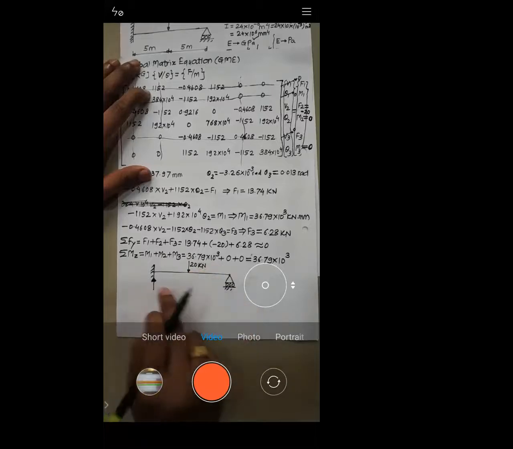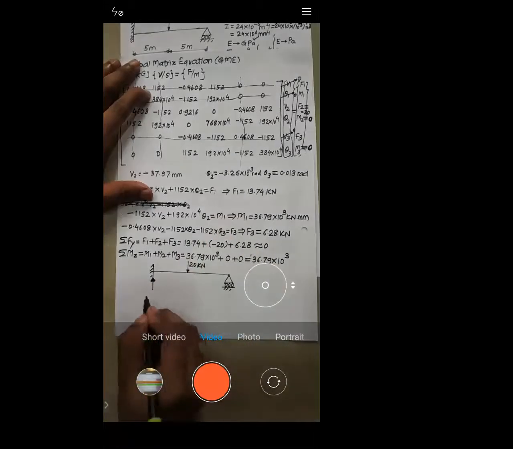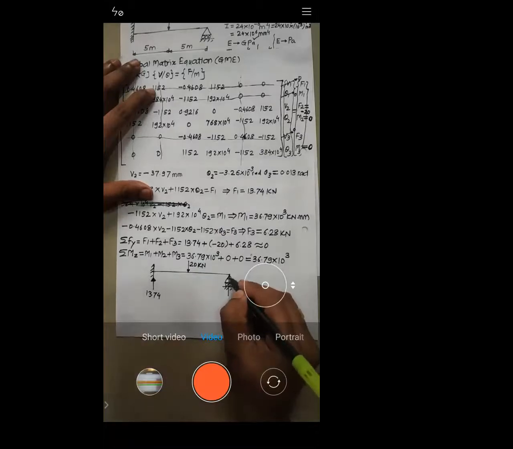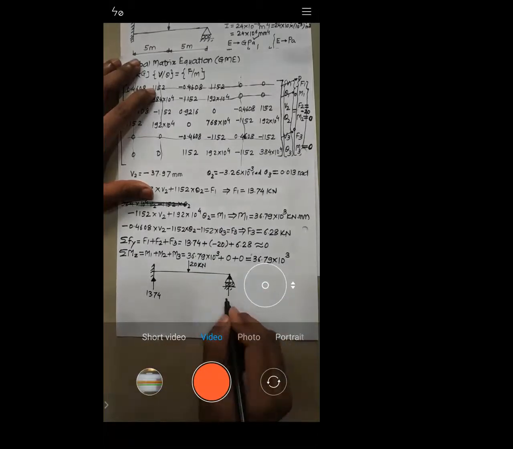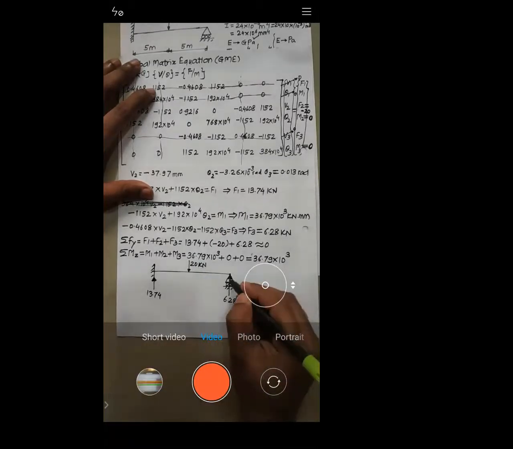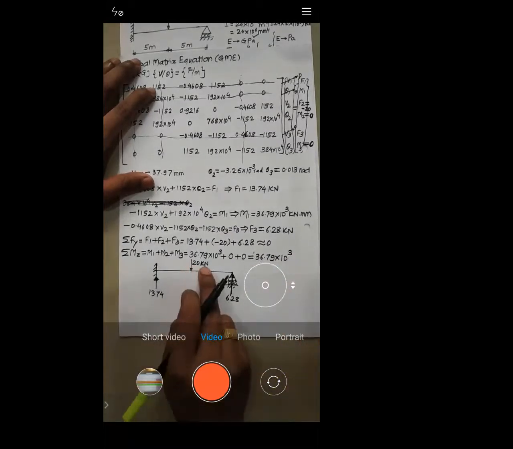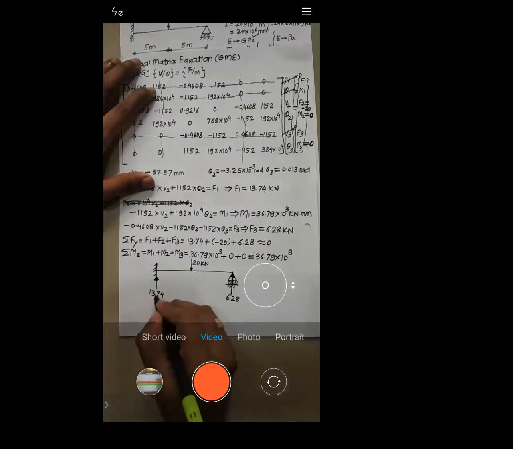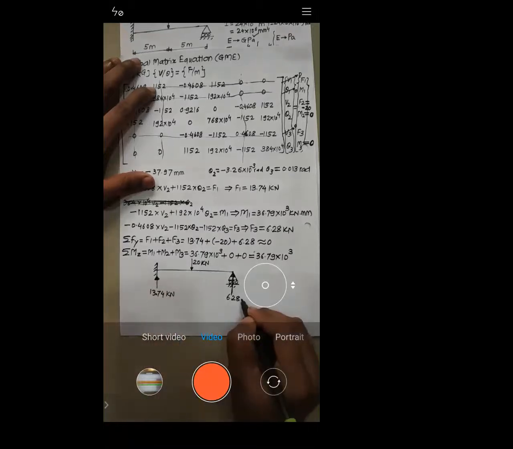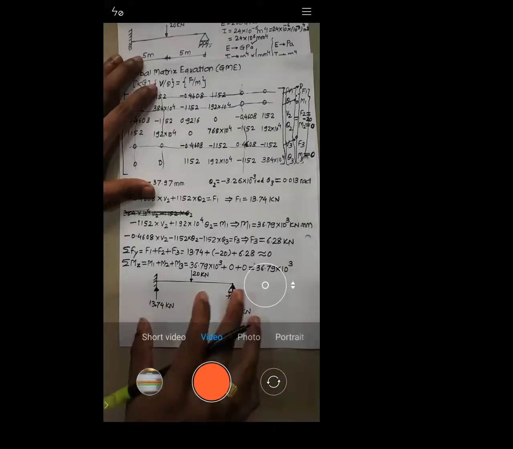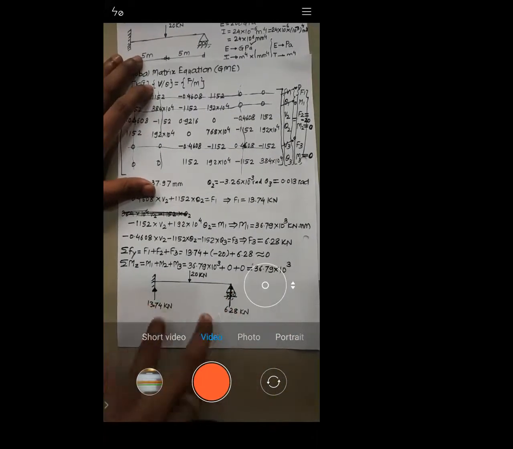It is balanced at the two ends as 13.74 and 6.28. Whatever 20 kilonewton you applied is balanced at node 1 as 13.74 kilonewton and at node 3 as 6.28 kilonewton. So you reach the condition of equilibrium, right? Is it okay or not?